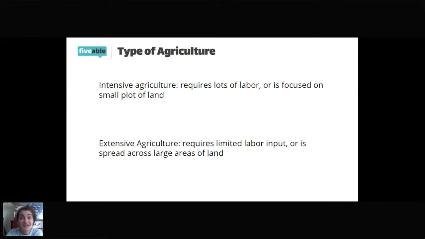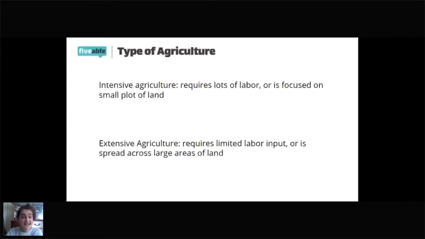I would say regions in Africa, and yeah, regions in Asia will have a lot of wet rice fields. That would be intensive agriculture because you're using a small field to grow rice, but it requires a lot of workers.